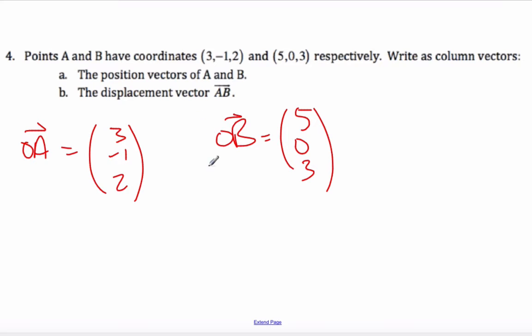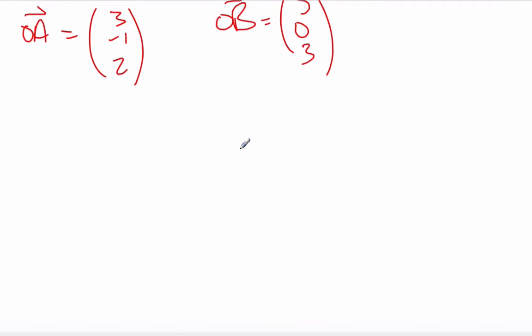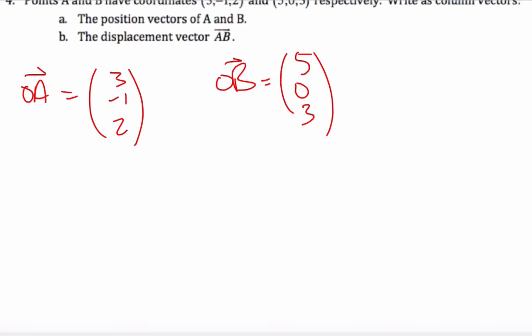The displacement vector, well, if I want the vector AB, let's just think here for a second. If I have OA, let's say this is the point A, and this is O, and I have OB, where this is B, I'm looking for vector AB, the displacement vector.